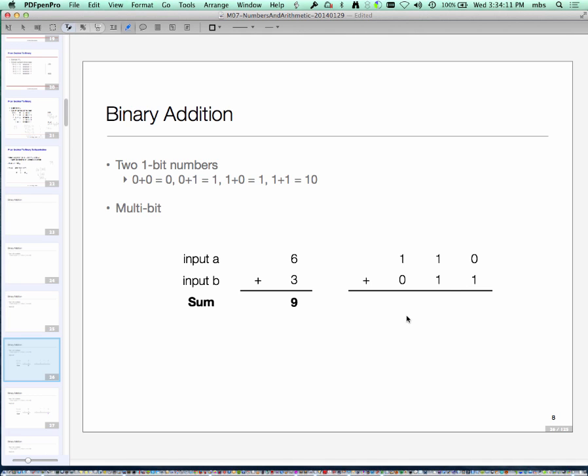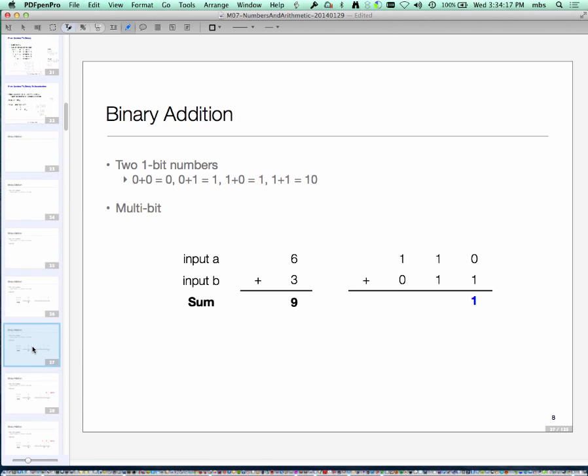By analogy with normal decimal arithmetic, I'm first going to add the least significant position. So I have 0 and 1. 0 plus 1 is 1 with a carry of 0.